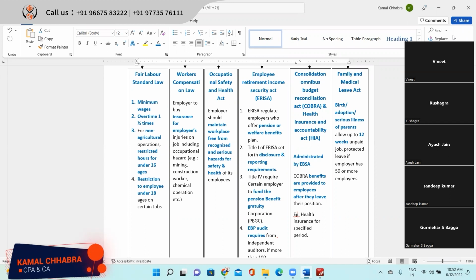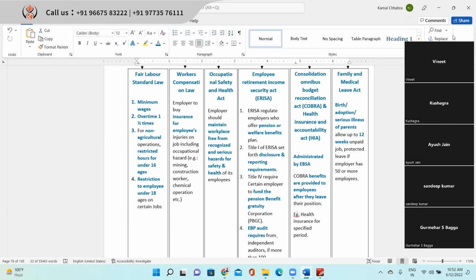For example, let's say you are working as a director of a company, and the company has given you post-retirement benefits, which include your health insurance for the next 5 years after your retirement. That comes under the Consolidated Omnibus Budget Reconciliation Act and the Health Insurance Portability and Accountability Act. So those are benefits you will get even after retirement, other than the employee benefit plan.